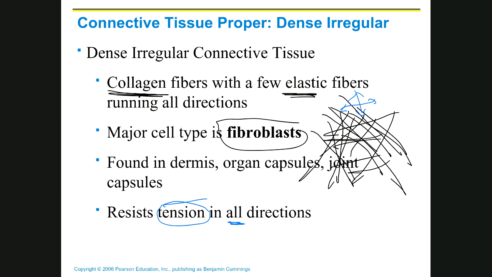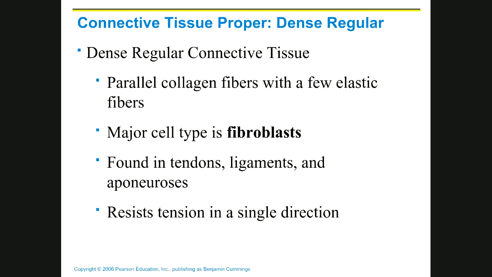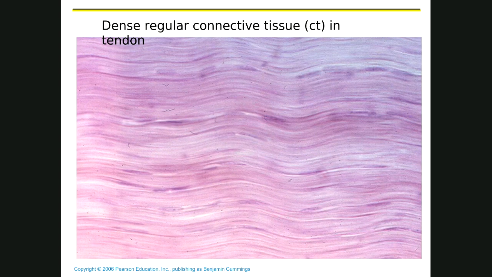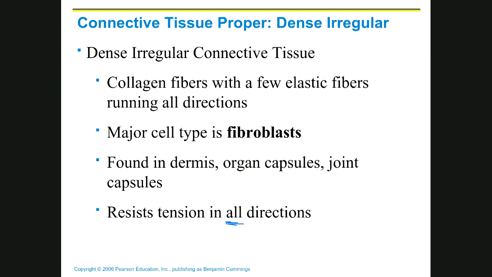Not like the one we saw before, which resists tension in a single direction. This one does it in all directions. But it's not as strong as a tendon. It's not as strong as dense, regular connective tissue.